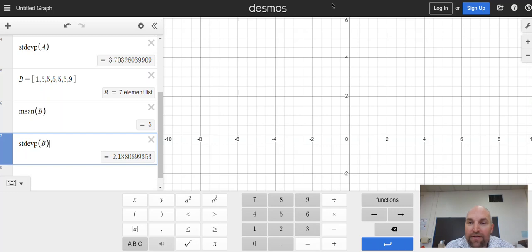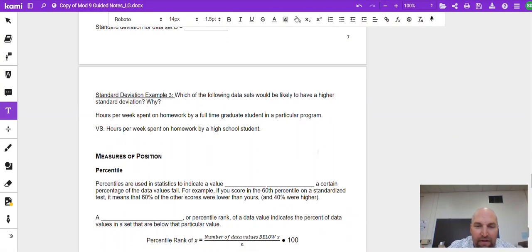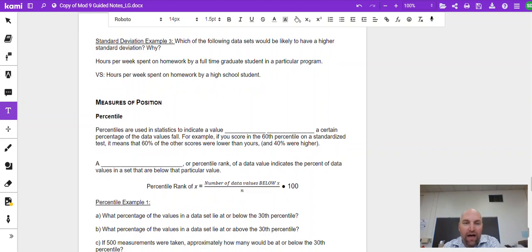Let's take a look at another example. So cruising on down there, we have that. So which of the following data sets would likely have a higher standard deviation and why? Hours per week spent on homework by a full-time graduate student in a particular program versus hours per week spent on homework by a high school student.